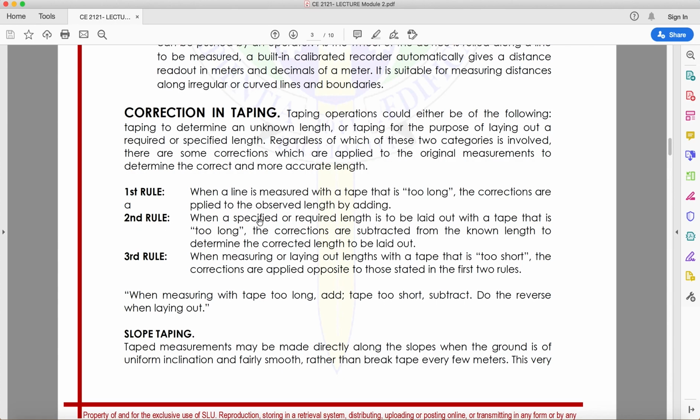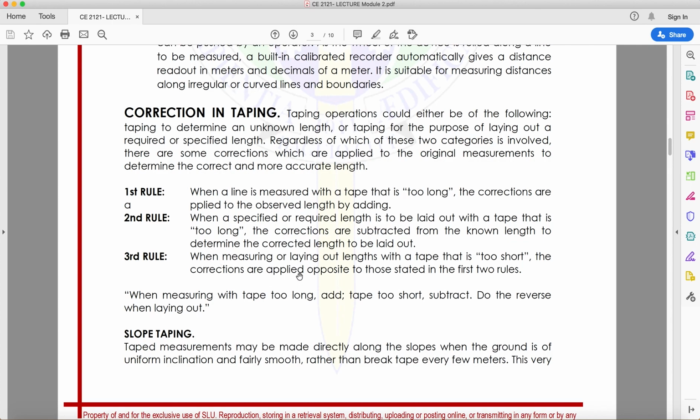When a specified or required length is to be laid out with a tape that is too long, the corrections are subtracted from the known length to determine the corrected length to be laid out. Take note, laid out, too long, this time it is subtraction.